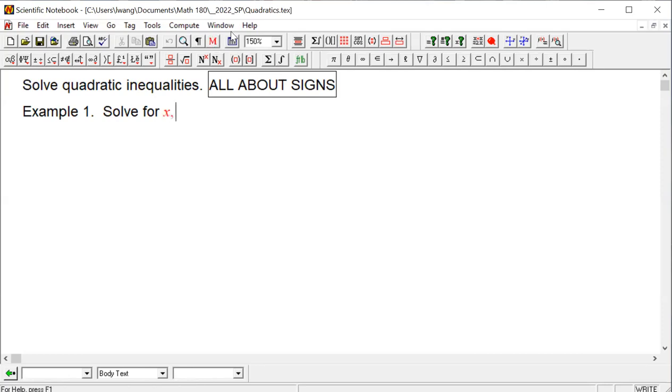What we want is x squared larger than or equal to 2. You can use all the other methods, no problem. But here I'm showing you the 5th method.